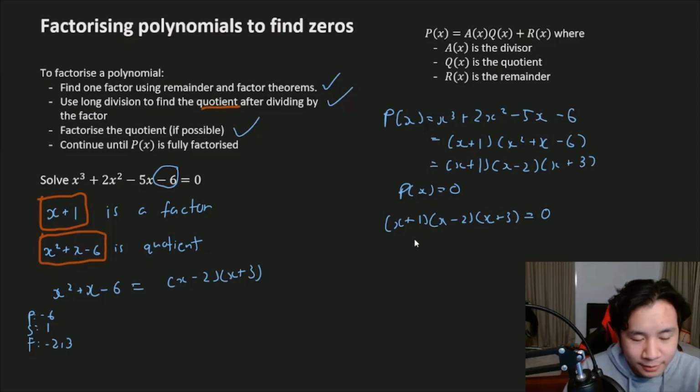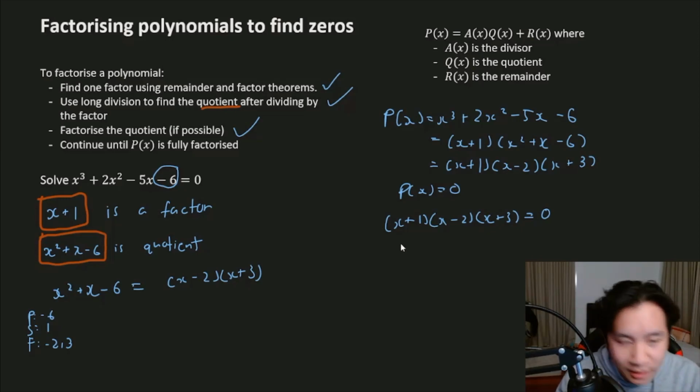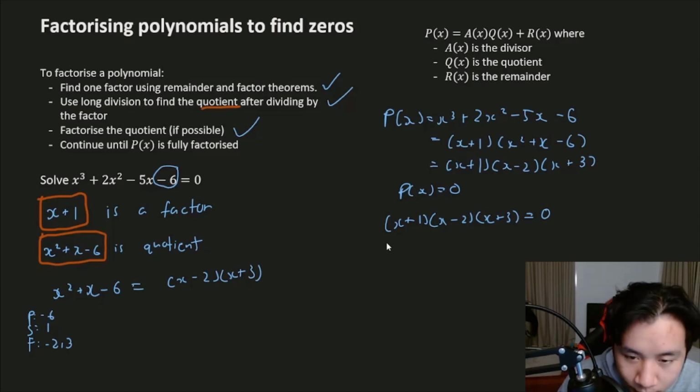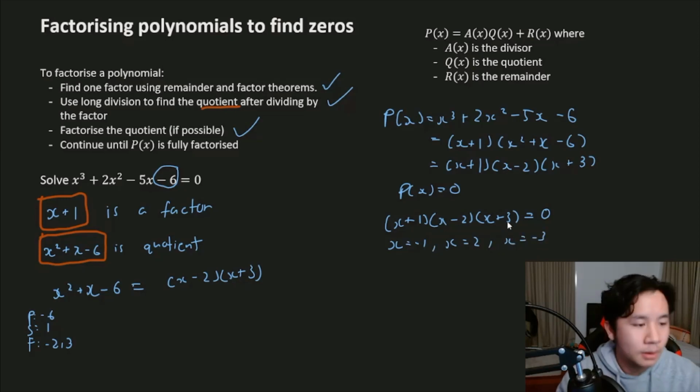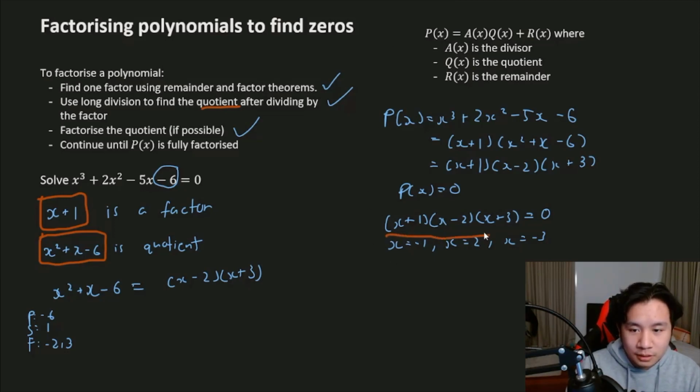And from the first question that we did, this is where it becomes useful. I'm not going to write the whole working out, but the solution is this: x equals minus 1, x equals 2, x equals minus 3. And that is the final solution.